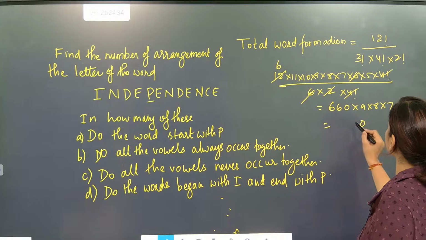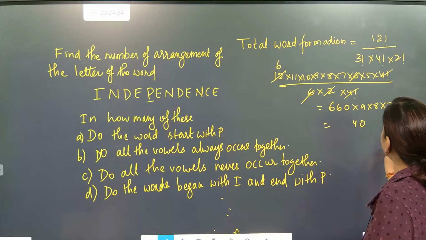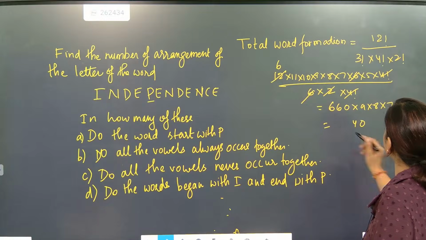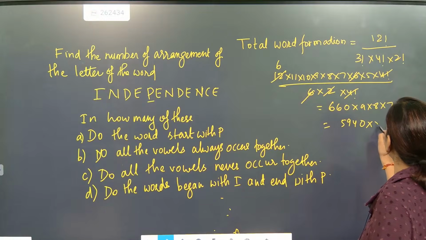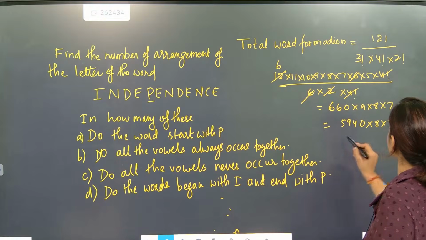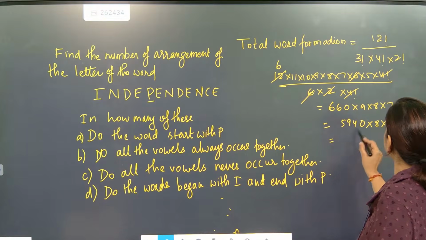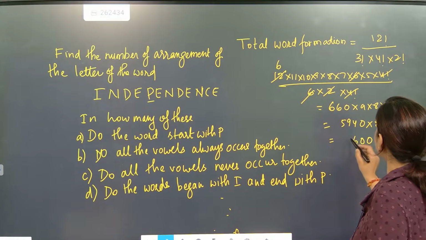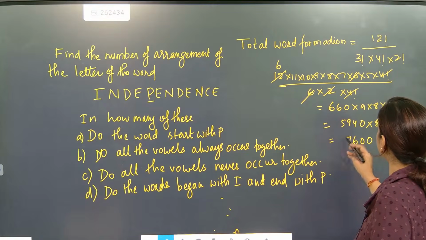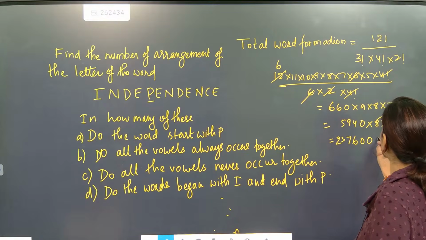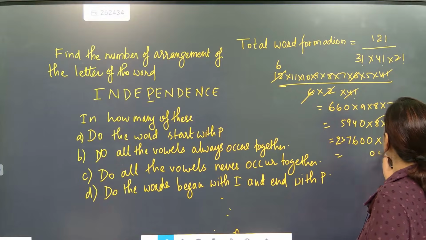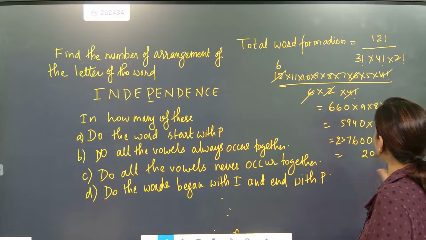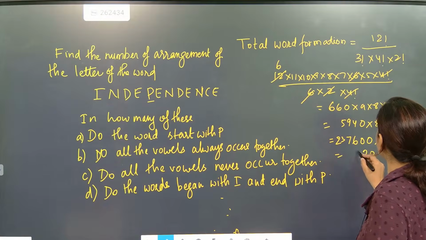Then the calculation: 0, 6, 9, 54, and 8 into 7 into 5 becomes 40. Continuing the multiplication: 42, 7 sevens are 49, 7 threes are 21.